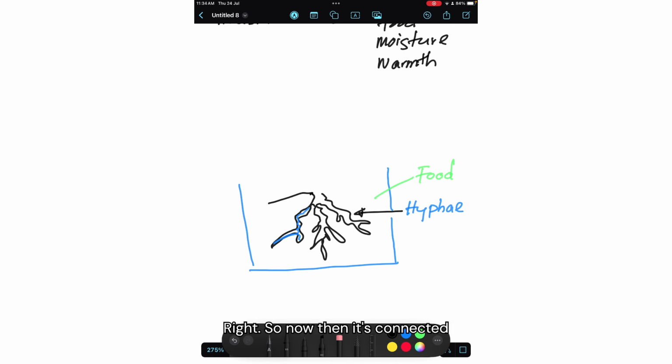Right, so now they are connected to each other.